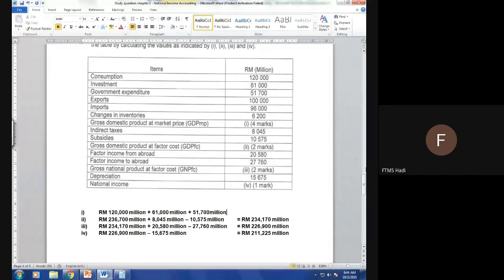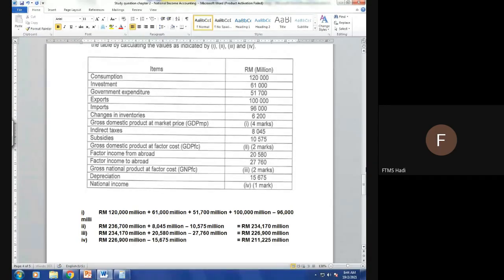Then plus export, import. Okay, so done with this one.